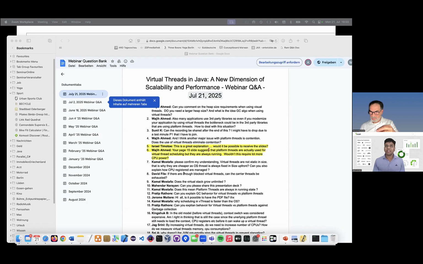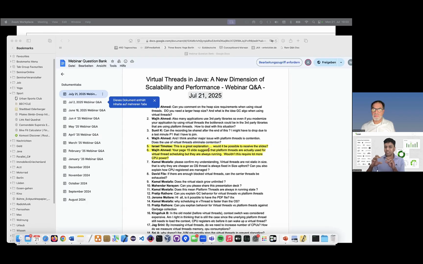So for a thread in Java, we can allocate a stack size, right? Using an argument like -Xss. I can set it to 1 MB. So I think Kamal Mustafa's question is, let's say I start my JVM with -Xss as 1 MB as my stack size. A platform thread, when it's executing a code path, let's say its actual need for that particular code path is only 250 kilobytes.